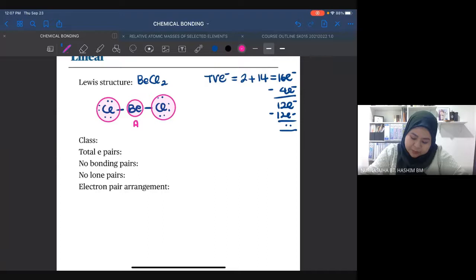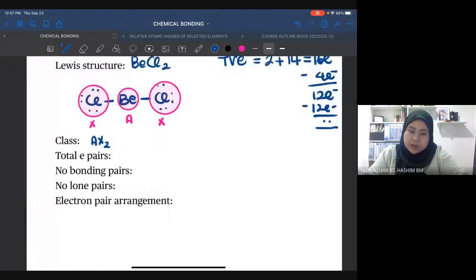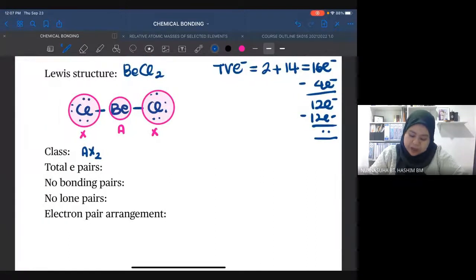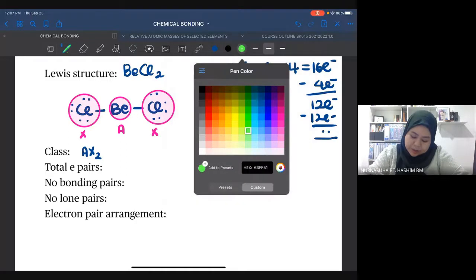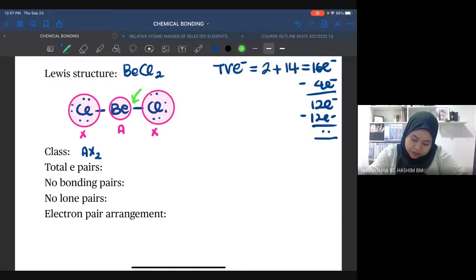So AX2. Ada soalan tanya what is the class of the compound? So class dia adalah AX2. So, how many total electron pair? Okay, fokus dekat central atom. So, you have 1 and 2. Okay, so basically you have 2 electron pair.